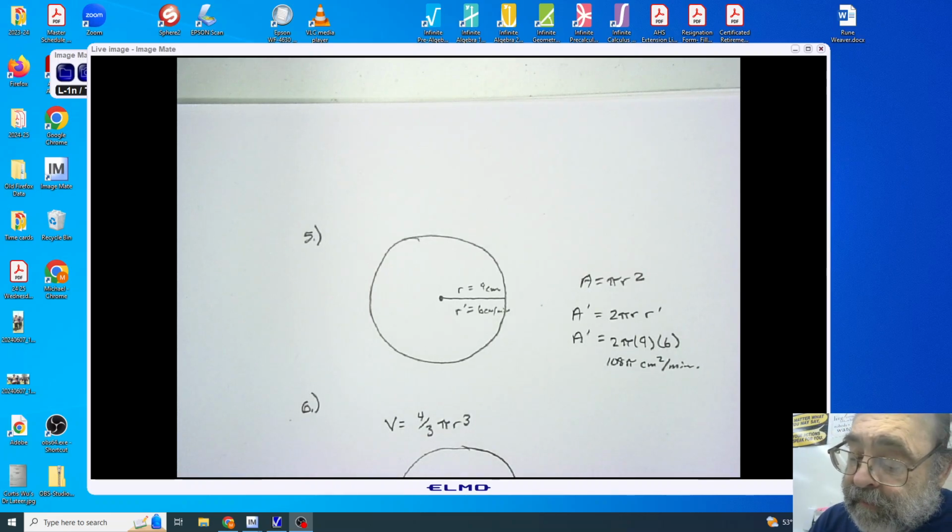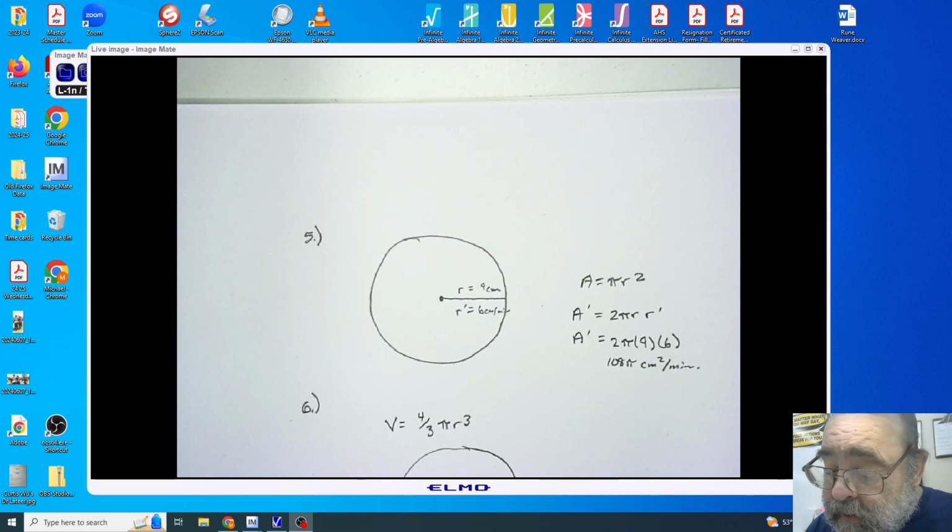Let's just take a moment and find out what 16 squared is. 6, 3, 9, 6, 1, 6. And we have 256. So V prime is 256 pi. And let's just include our units, and this would be centimeters cubed, and it is per second. And that's number 6.